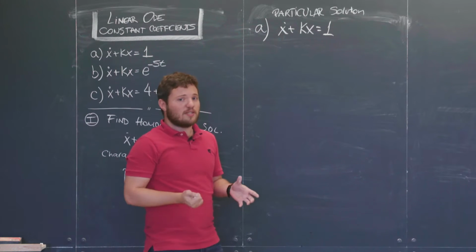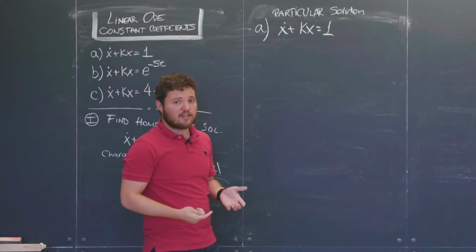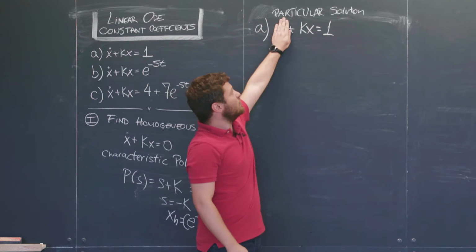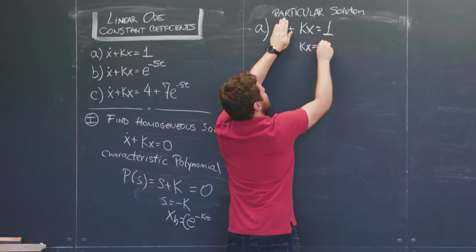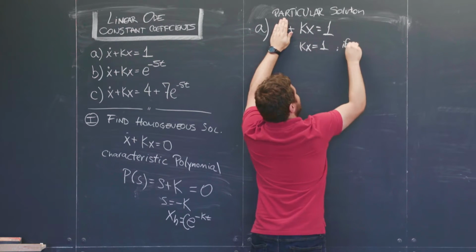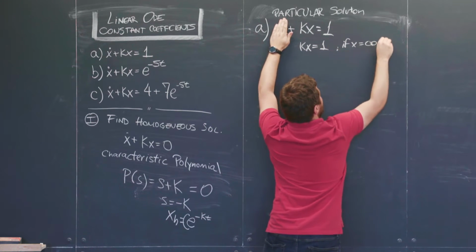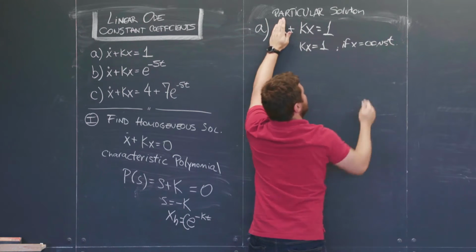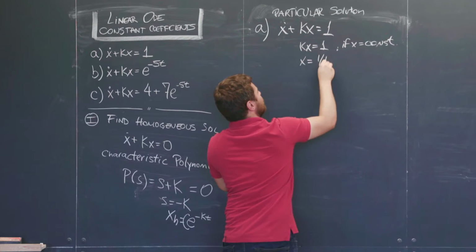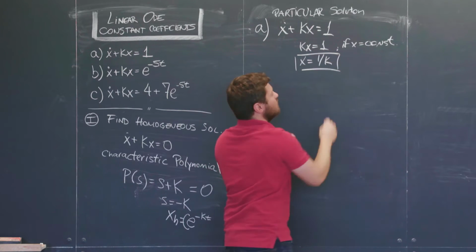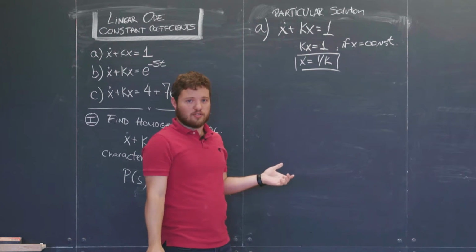If we assume that x is a constant, then x dot is 0. We just ignore it, and we're solving kx is equal to 1 if x equals a constant. And we can get that x is equal to 1 over k. And that's a particular solution.